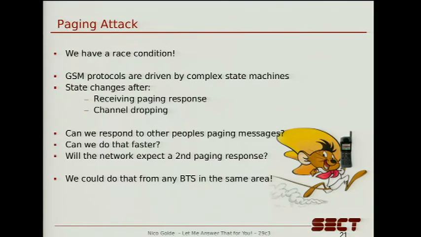If you respond to a paging request for another subscriber, how the network reacts to that is implementation defined. In practice, there are a lot of complex state machines in the GSM protocols, and phones as well as networks implement those. So states change all the time, especially once you drop a service, once you drop a channel, and also if you receive a paging response.